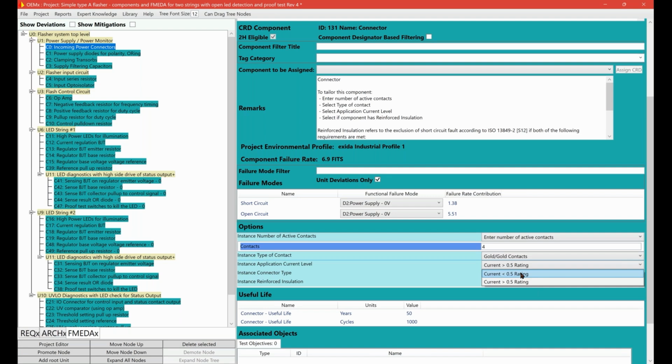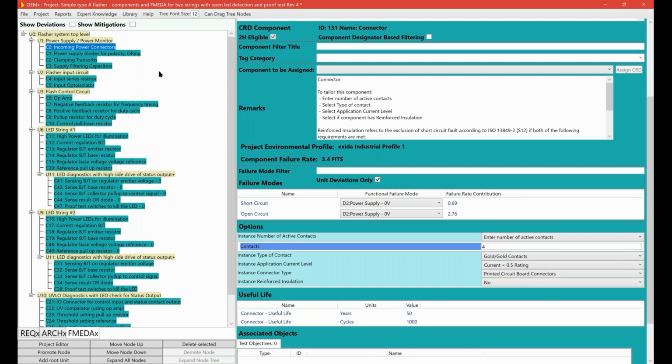That might take it from 6.9 down to, that one was a big change, 3.4. All right, you can see right away, if I make stronger design choices, my failure rate for this component and its contribution to the device goes down. That's good.